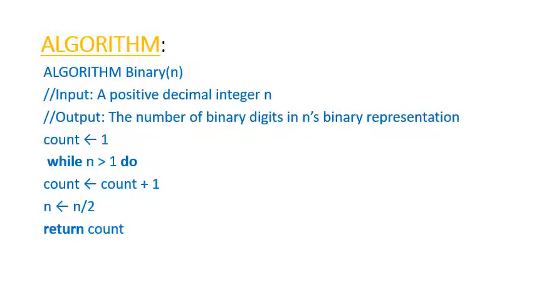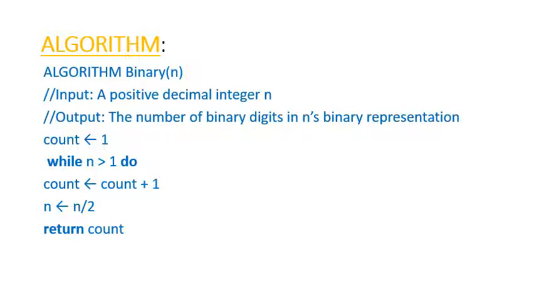To start off with the algorithm, first you should assign the value 1 to the variable count. Next is the while condition. The condition is that n, the positive decimal integer, must be greater than 1. If it's greater than 1, then it goes into the while loop.